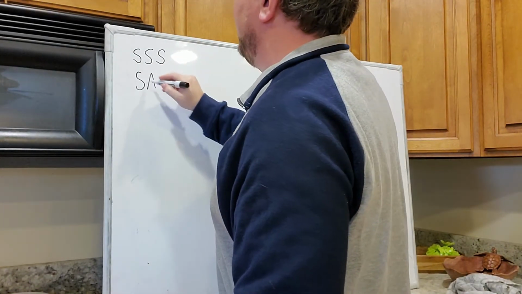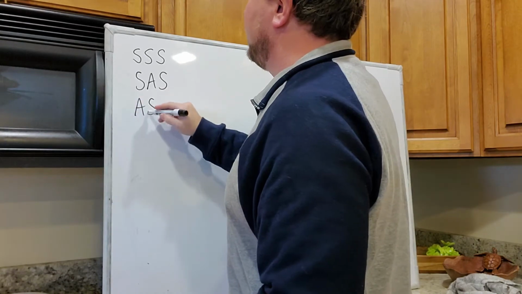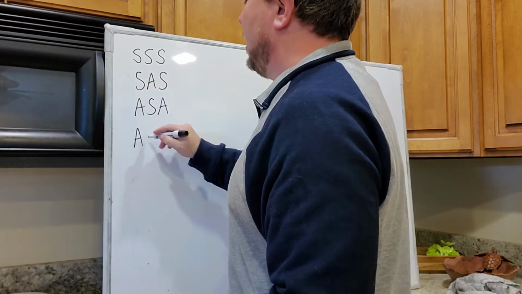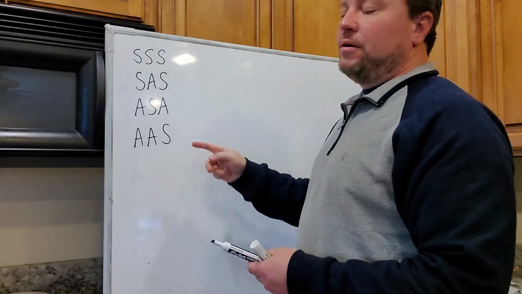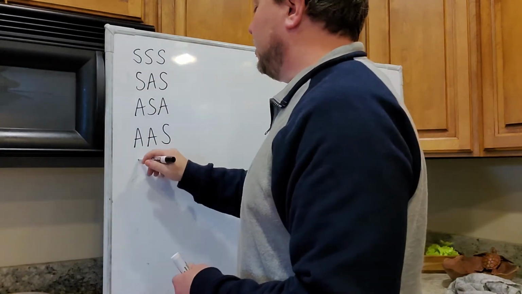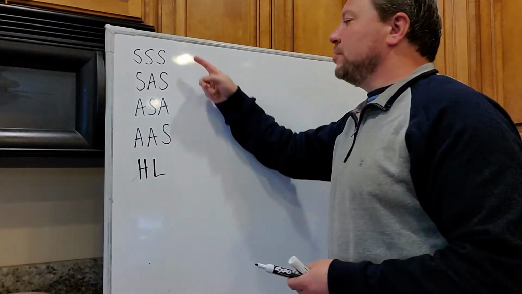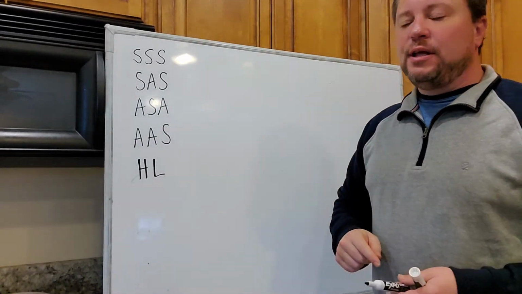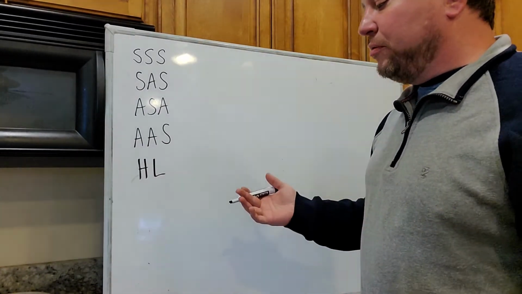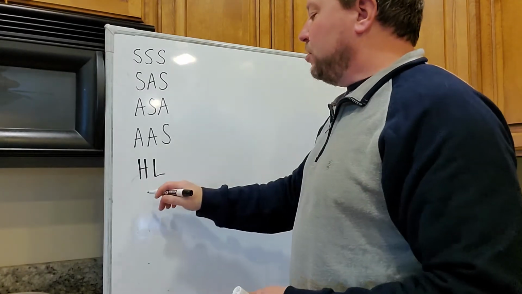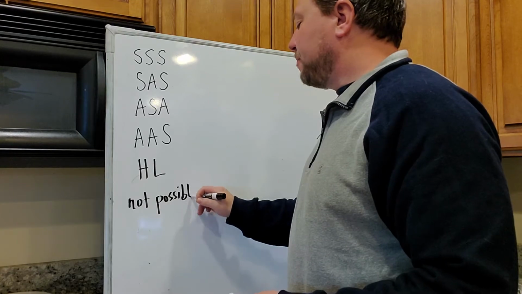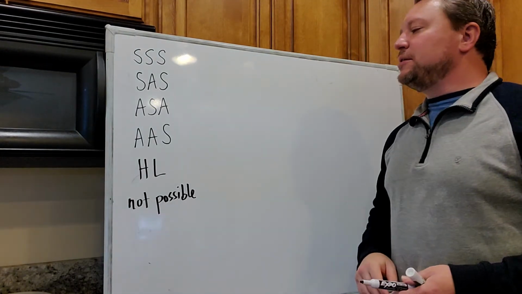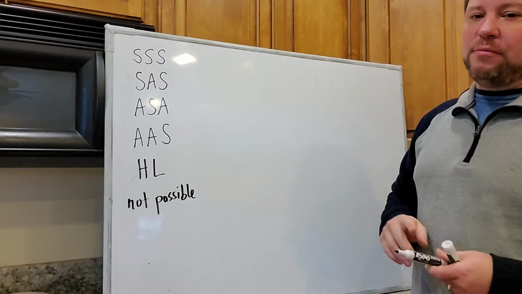There's SAS, ASA, AAS. Remember, those are different. Okay. And the last one was HL. There's a total of 5 ways. And if you cannot prove the triangles congruent at all, you know, you could just put not possible. Okay, that is a 6th option, you know, on these problems.